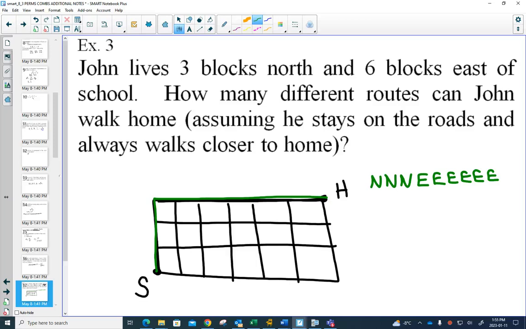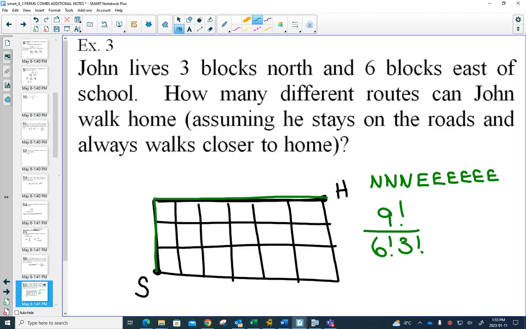This is an identical objects question because if you rearrange these, they would give you different ones. So the total number of ways would be 9 factorial divided by 6 factorial for the e's, 3 factorial for the n's.